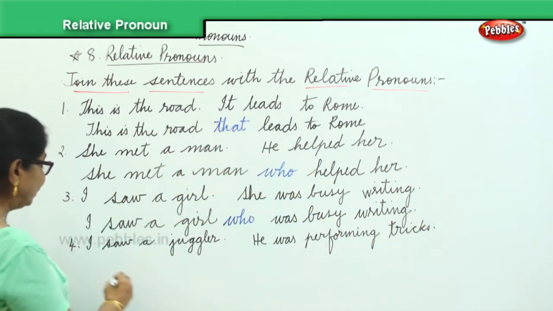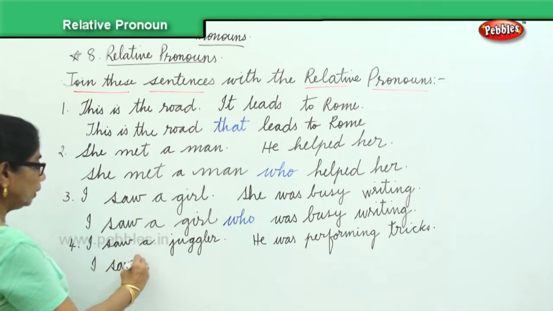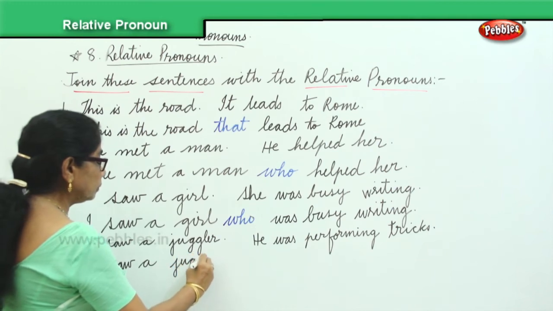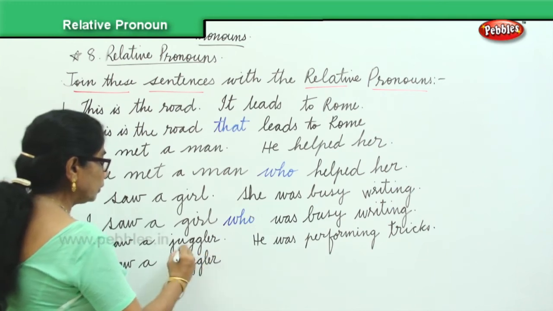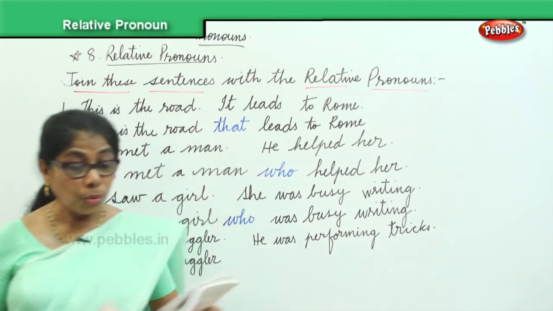Now, how will you write the sentence now? I saw a juggler, provide the relative pronoun who.